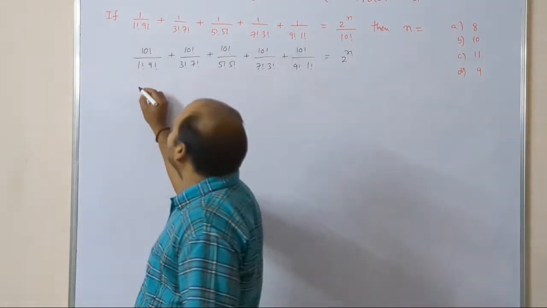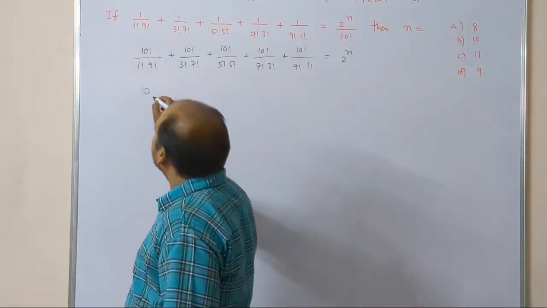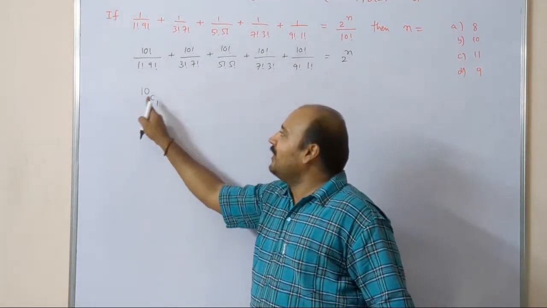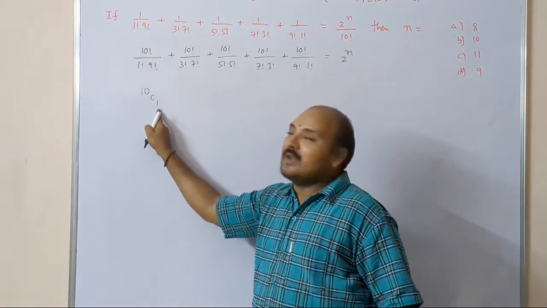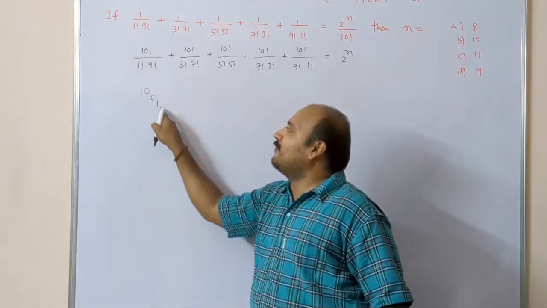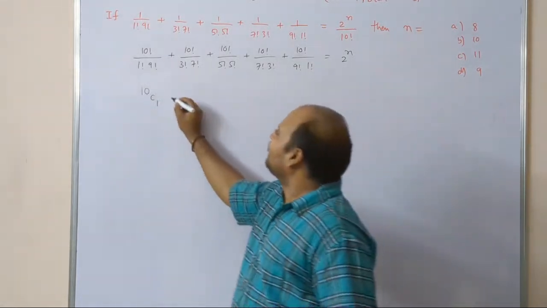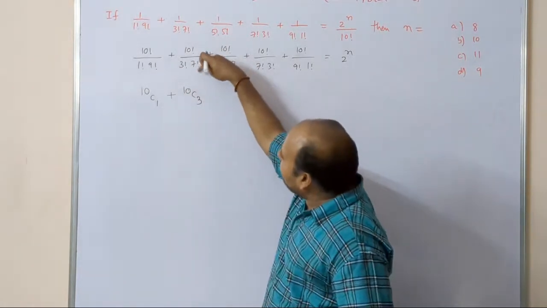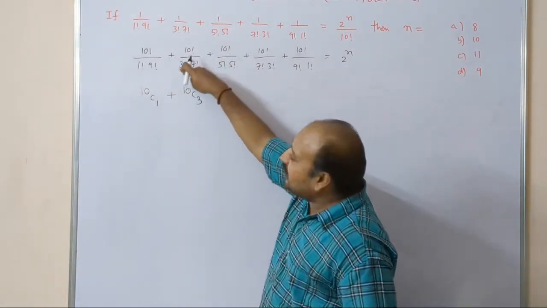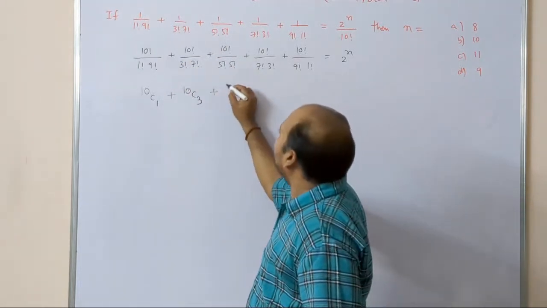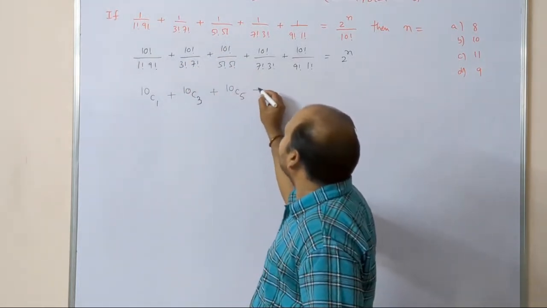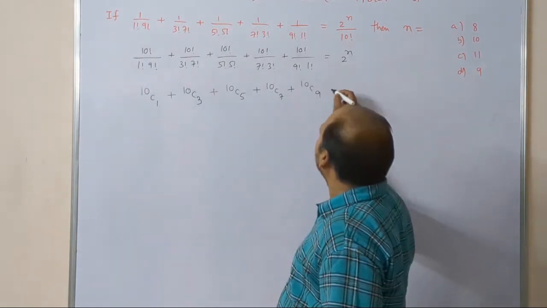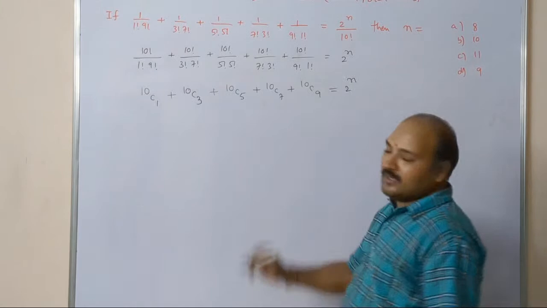This is the expansion of 10C1, 10 factorial by 10 minus 1 factorial, which is 9 factorial into 1 factorial. By the nCr definition, this is 10C3, 10 factorial by 10 minus 3 factorial, 7 factorial into 3 factorial. Plus 10C5, plus 10C7, plus 10C9 is equal to 2 power n.